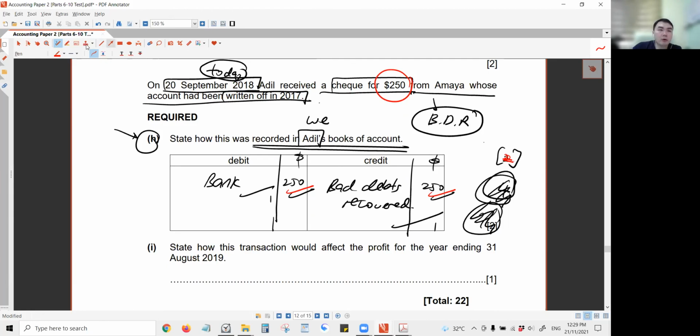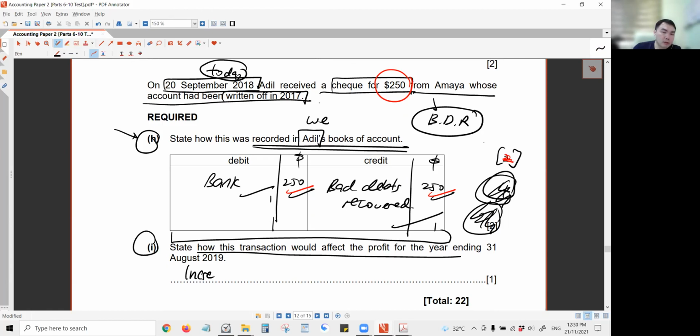Now question I. Unless there's another set of double entries for you to do, then it's a 4-mark question. State how this transaction would affect the profit for the year. It's an other income. It will increase the profit for the year. So you write increase by 250.